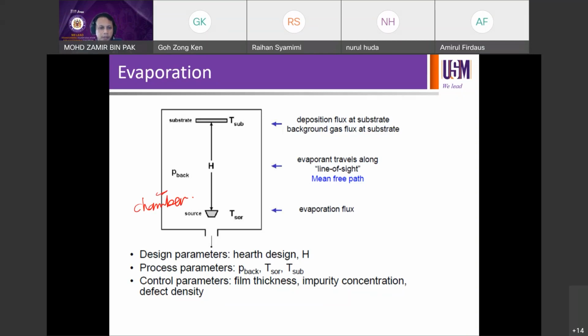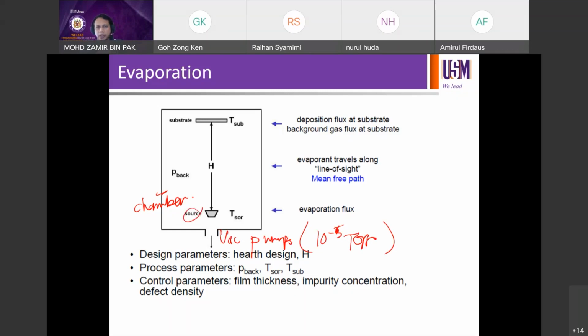The chamber is connected to vacuum pumps at the bottom, so that you can pump down the chamber to the required vacuum level, for example 10 to the minus 5, depending on the requirement of the process. Connected to the vacuum pump, you have your source down here.